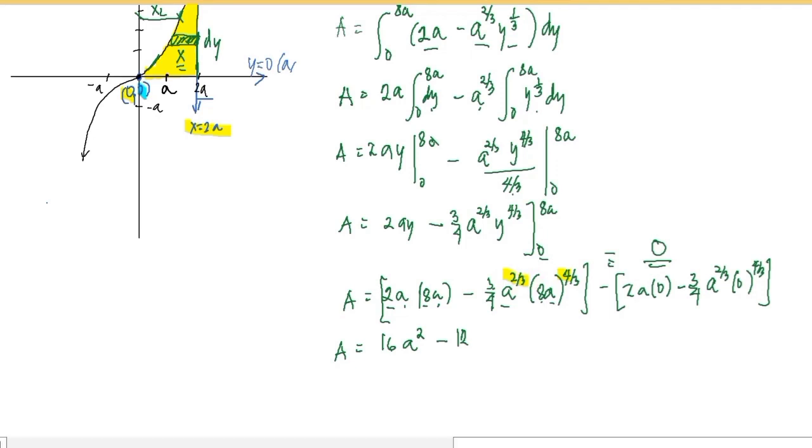So, we have here a squared. So, simplifying this, and we have 16 minus 12 is equal to 4, a squared. Square units. Okay.